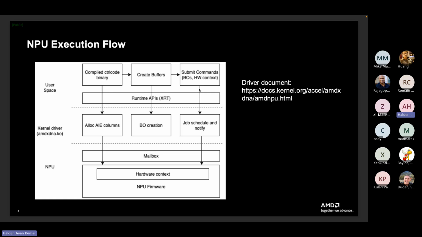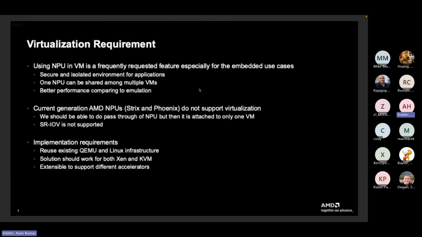So I show these slides for the following pages. We actually have some requirements for the virtualization. First, we receive more and more requests to virtualize the NPU device. So we get better security and also an isolated environment for the applications.